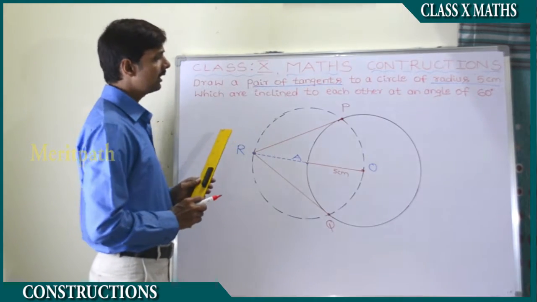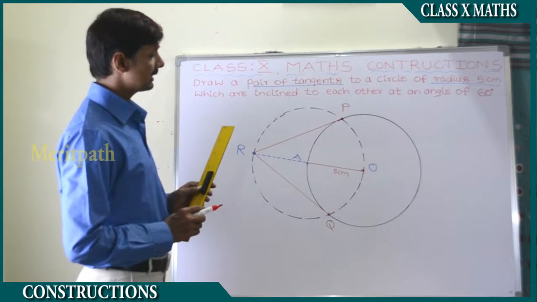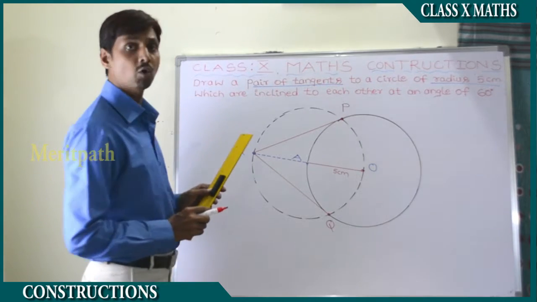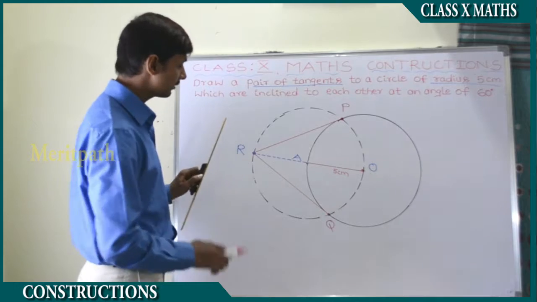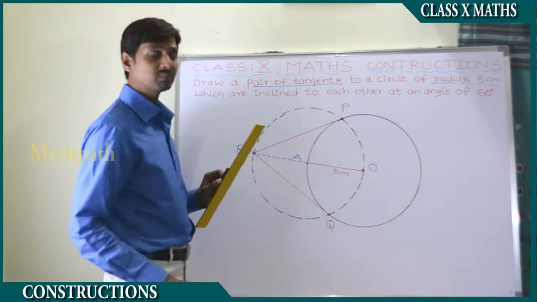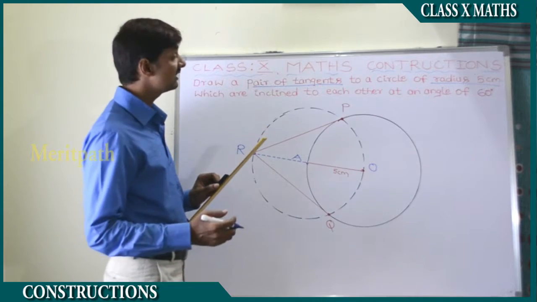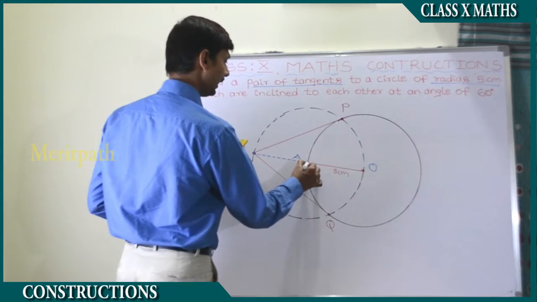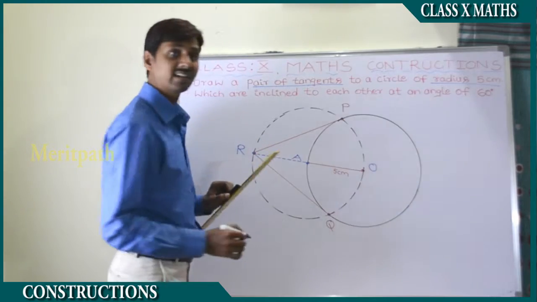So here we know that from the center to any point of the circle is a radius. So from A and P it's a radius.